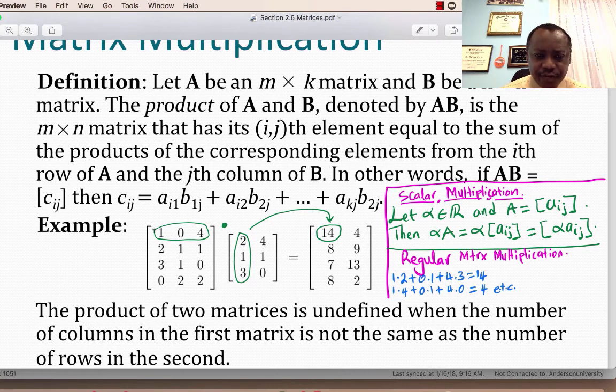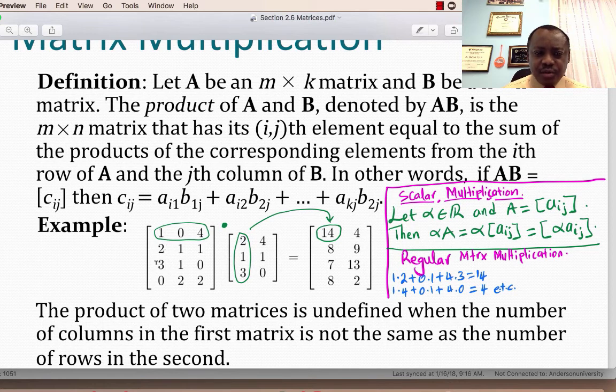I take the first row, I multiply it by the first column. I put the answer in this first position. I take the first row, I multiply it by the second column. I put the answer in this position. I go to the next row. I take this row, multiply it by this column, and put the answer in this position.